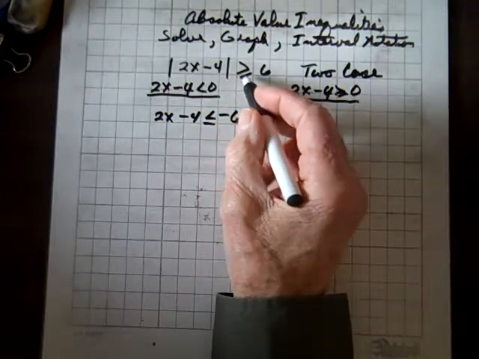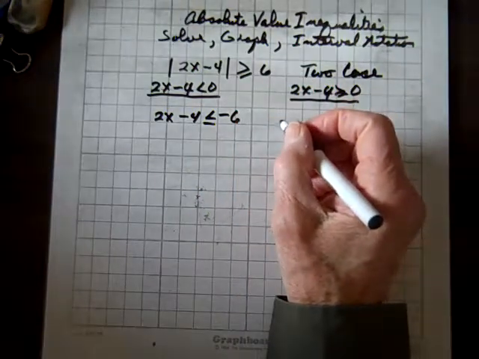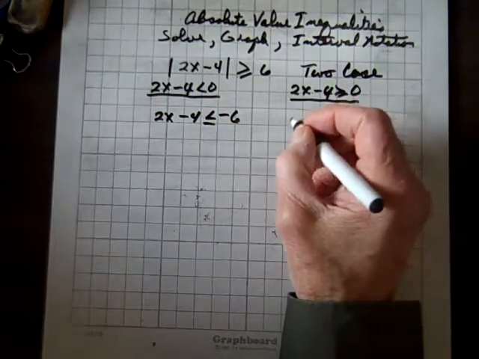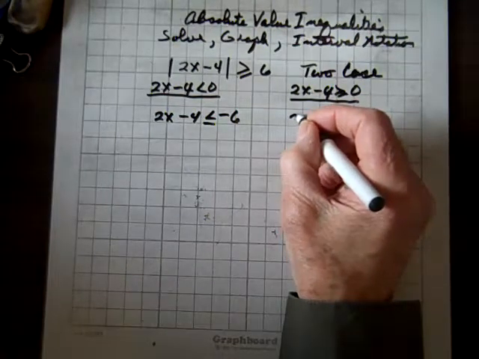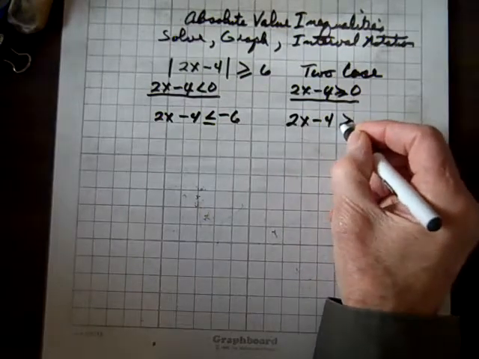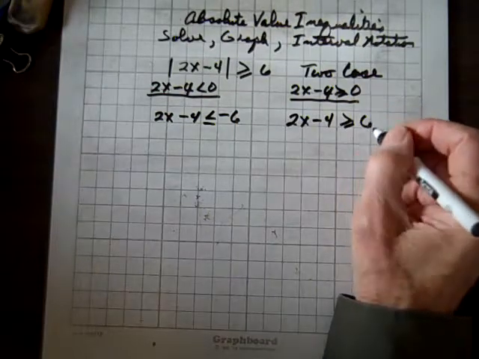Notice we flipped the inequality, and we also changed the sign on the 6. Now, if 2x minus 4 is greater than or equal to 0, then we can simply dispense with the absolute value bars, and we get 6, see?